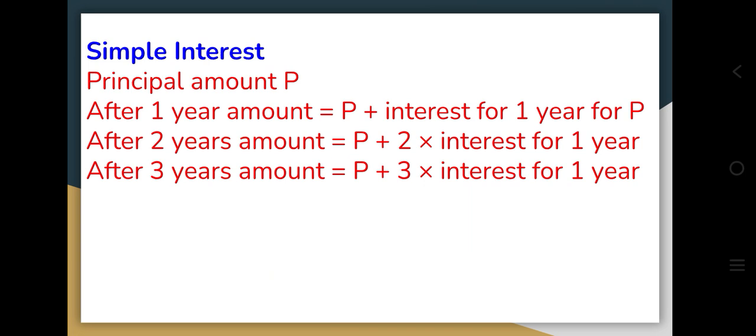If the principal amount is P, then after 1 year in simple interest, the amount becomes the principal amount P plus interest for 1 year for the amount P. After 2 years, the principal is the same P. We have to calculate only interest for P. So already there is interest for 1 year for P.